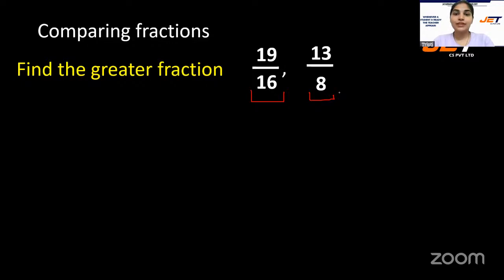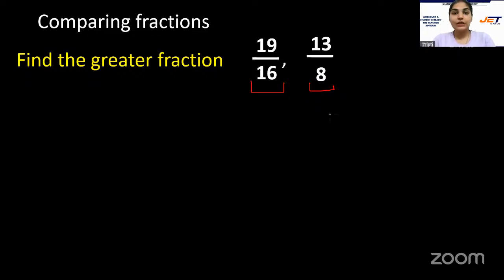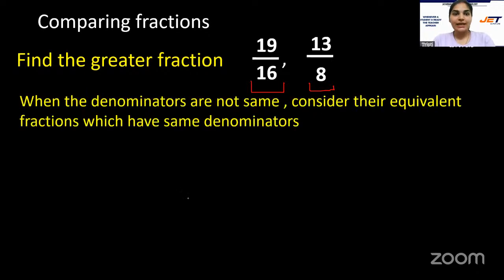So what to do in this case? When the denominators are different, we need to make the denominators same. We need to make the fractions like. And how can we do that? We need to make this fraction equivalent. Basically, how can I make this denominator as 16?